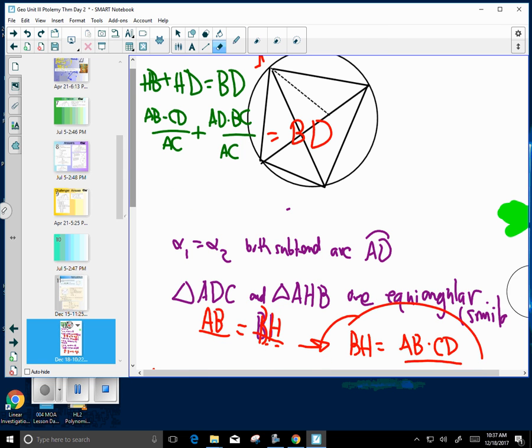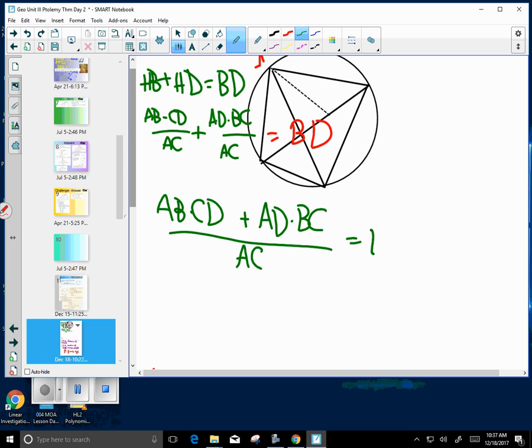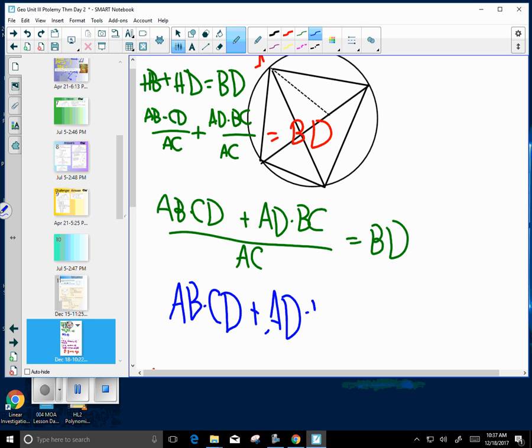Now, normally we'd be done, but this is further math. We're not done yet. AB times CD plus AD times BC all over what? Common denominator, AC is equal to BD. So what is AB times CD plus AD times BC equal to? AC times BD.